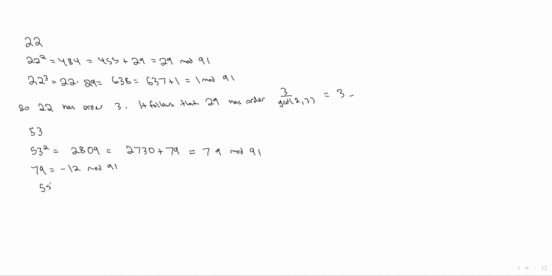So 53 cubed is 53 times negative 12, which is negative 636, which is negative 637 plus 1, which is 1 mod 91. Okay, so 53 and 79 have order 3.